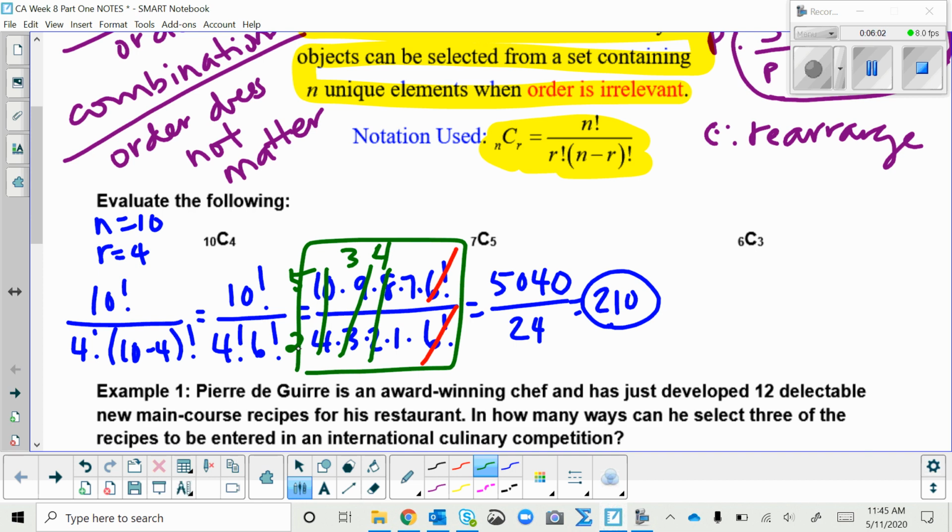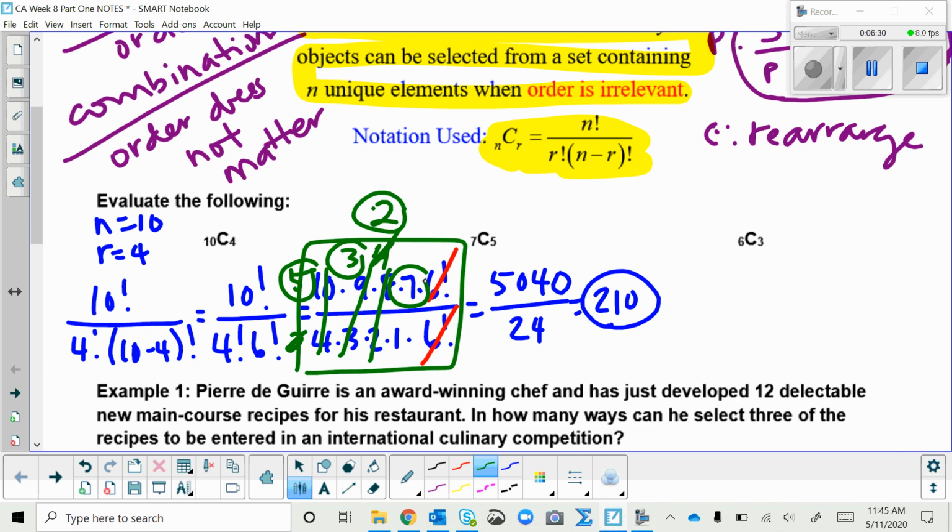And then you could even go one more step. The 4 here and the 2 here simplifies to 2. And now you multiply the 5 times 3 times 2 times 7. And that gives you 210. If you want to simplify in the middle, you can, or just following my blue work, that's just multiplying across the top, multiplying across the bottom, and getting 210.